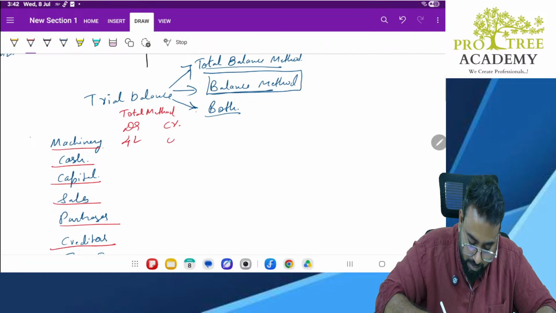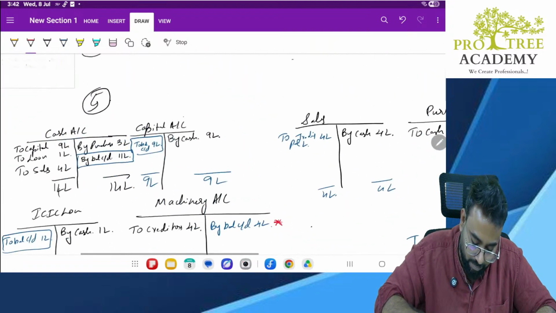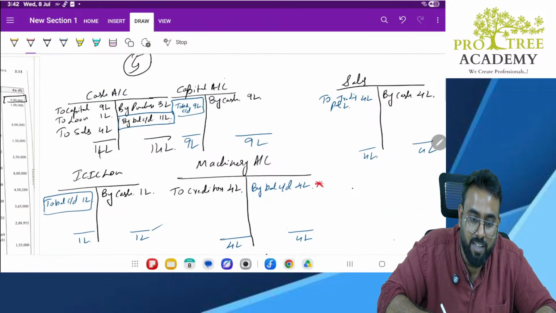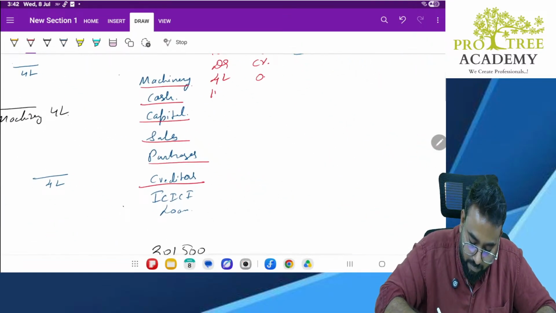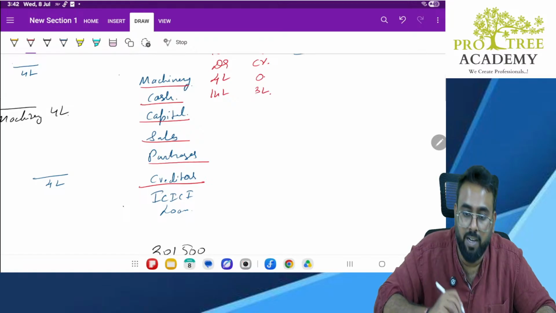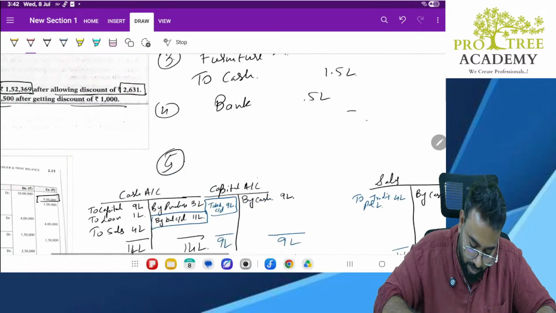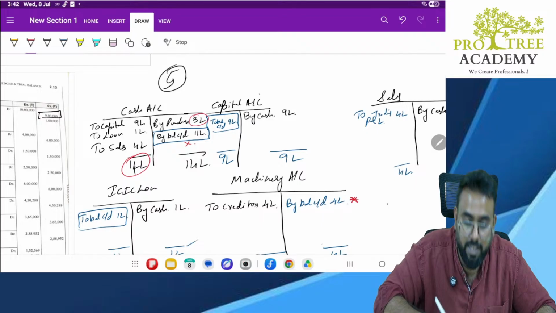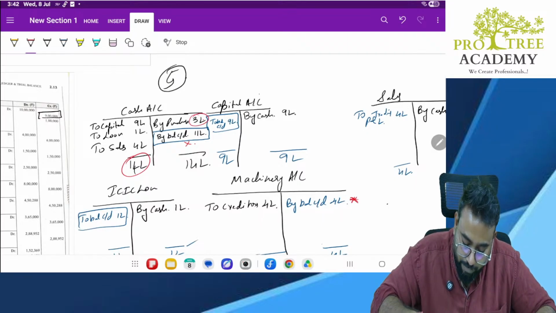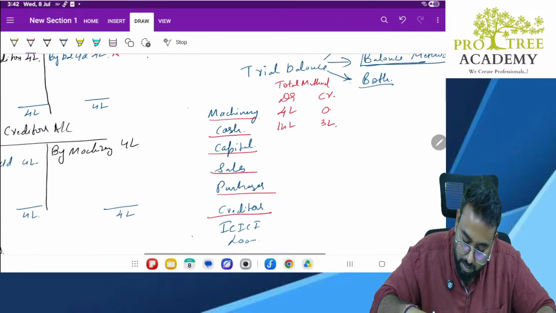Cash account, leave this 11 lakh. What is the account? Debit side 14 lakh, credit side 3 lakhs. If we don't give this balancing figure, then it is 14 lakhs and only 3 lakhs. Correct or no?